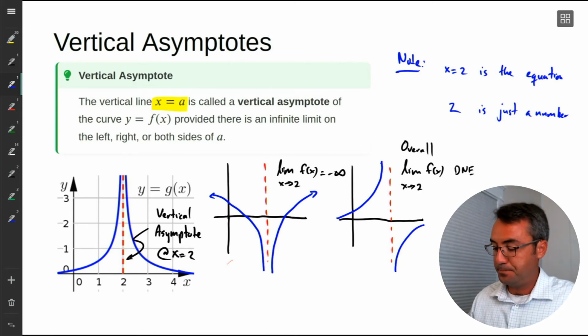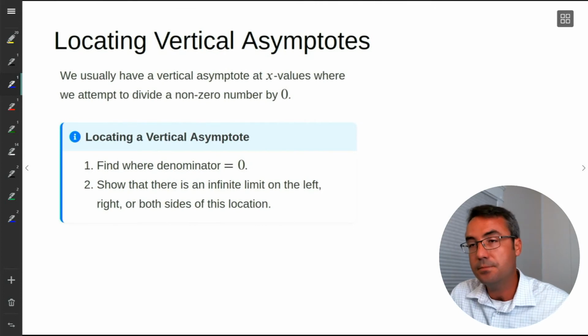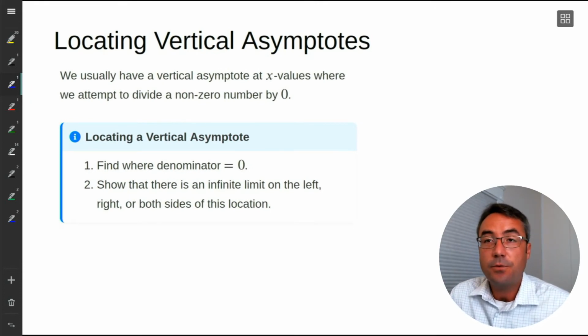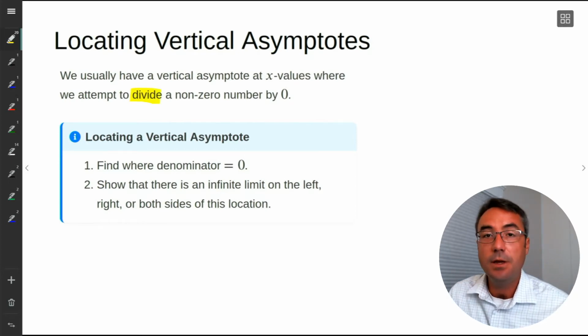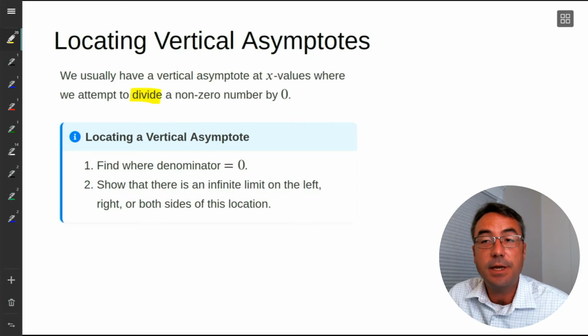Alrighty. And so again, we know for the most part, we have a vertical asymptote at our x values where we attempt to divide a non-zero number by 0. So for the most part, a lot of the functions we're going to be looking at that have a vertical asymptote, there's going to be some kind of division involved.